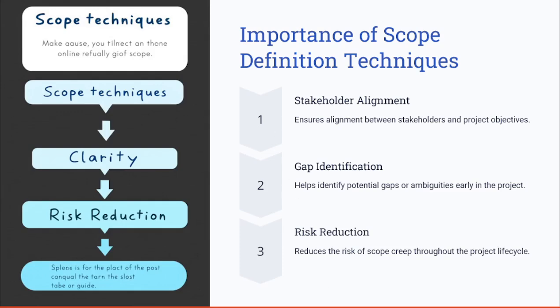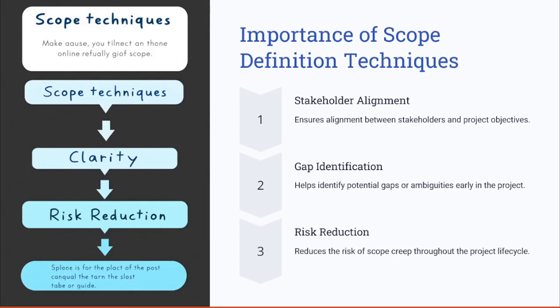Let's understand the key importance of defining the scope. Using structured techniques and utilizing the existing tools and techniques ensures that the project scope is well defined, leaving no room for misunderstanding.